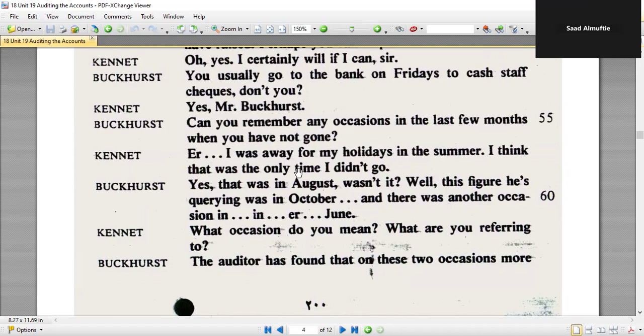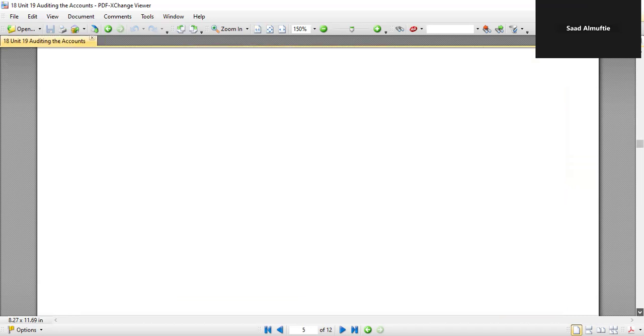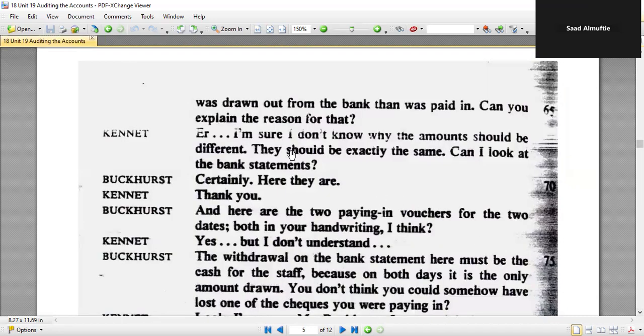I think that was the only time I didn't go. Yes, that was in August, wasn't it? Well, this figure he's querying was in October, and there was another occasion in June. What occasion do you mean? What are you referring to? The auditor has found that on these 2 occasions, more was drawn out from the bank than was paid in. Can you explain the reason for that?